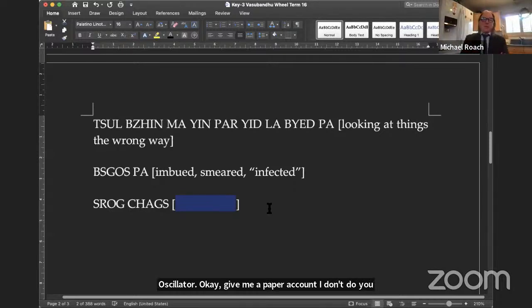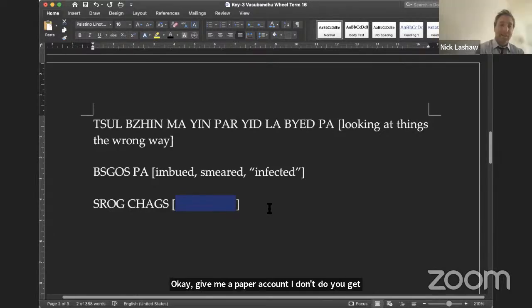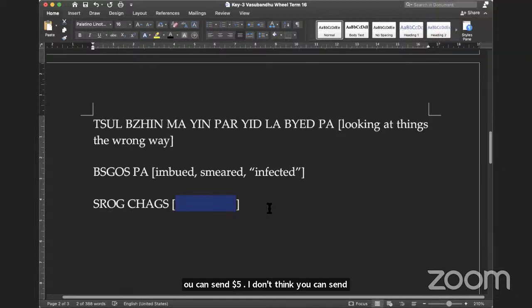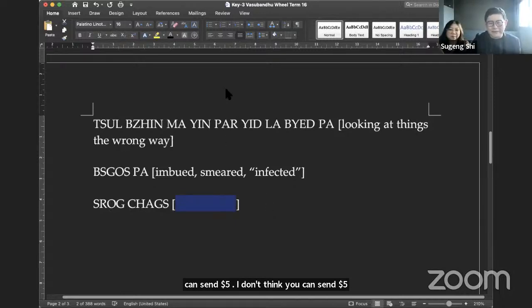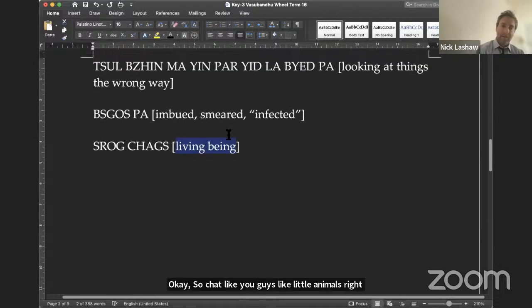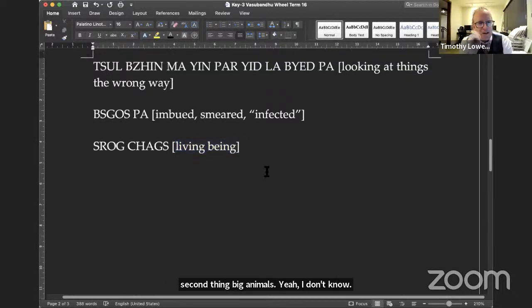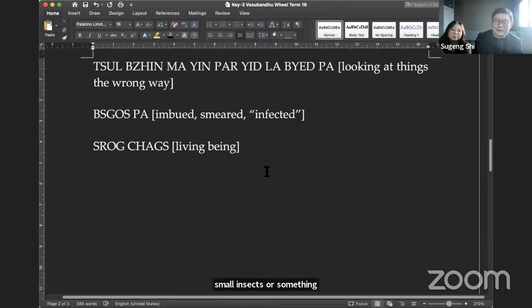Okay, Sok Chak. Like little animals, right? It can be big animals. I heard living being, is that right? Animal, sure. Or just living being. For some reason, I thought they were like small insects or something. Geshe-la, what should be the answer?